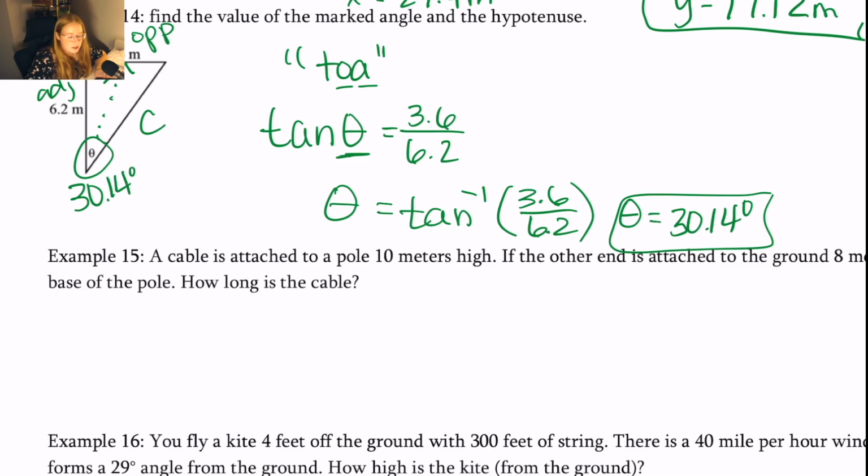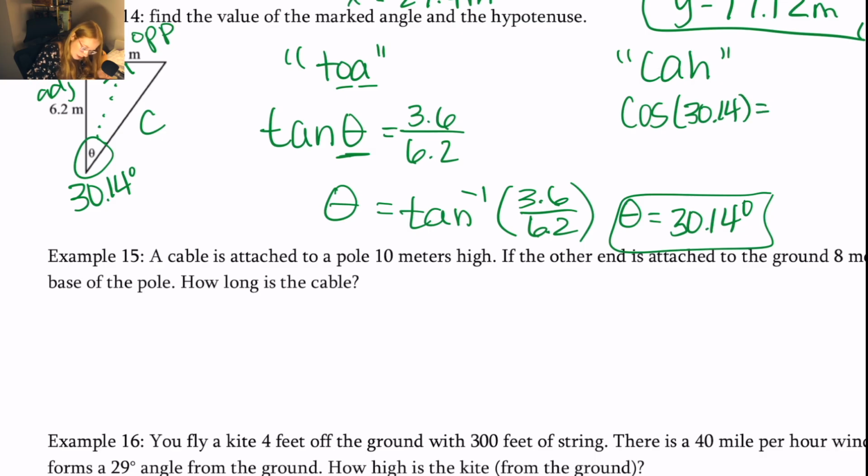For the hypotenuse, you could do Pythagorean theorem, or you could also use the angle that we just got. And I do want to keep practicing trig, so I'm going to use the angle. Let's do cosine because we hardly use that one. Let's do a CAH. So cosine theta, and I do have the angle, so I'm going to put cosine of 30.14 equals adjacent over hypotenuse, so 6.2 divided by c. Uh-oh, I got a variable in the bottom.